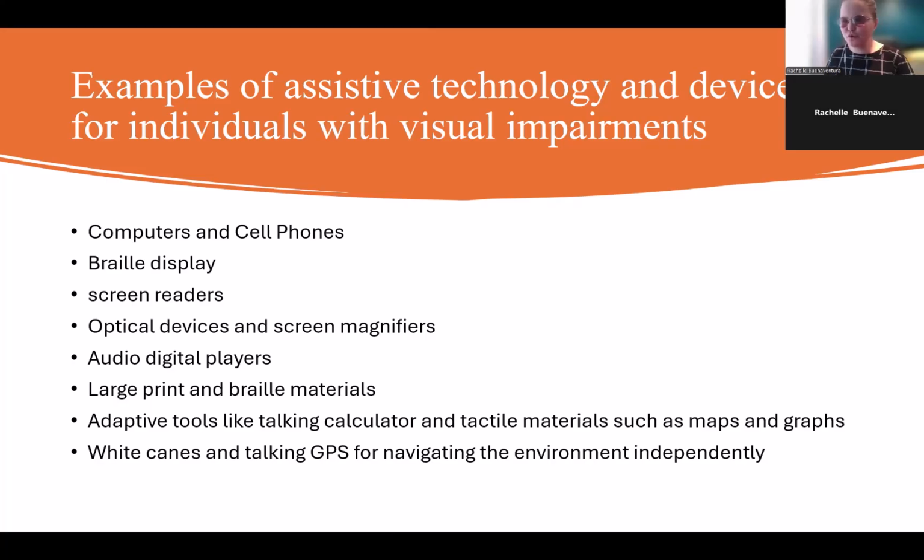For those who have low vision or still have function in vision, they could also use optical devices and screen magnifiers aside from the audio devices, so they can still have the option to read larger print and at the same time braille materials. So they can still utilize the remaining vision or the remaining senses that they have.